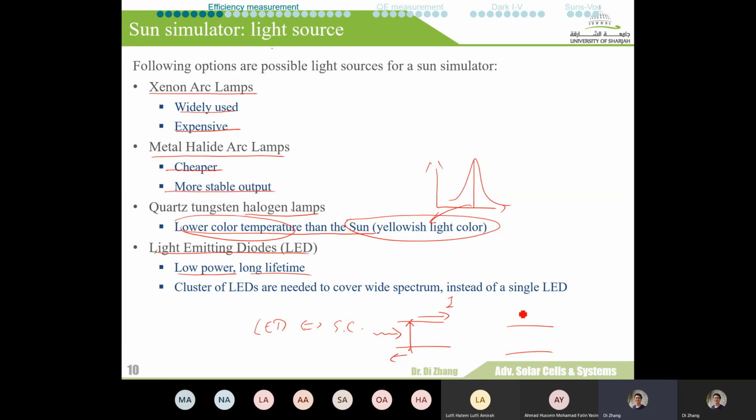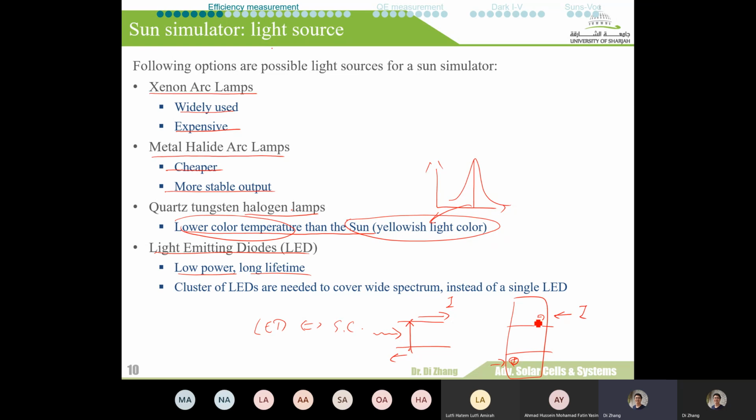For LEDs, the opposite. We still have a semiconductor involved, but instead of extracting current, we inject current into the semiconductor. We inject a lot of electrons from one side and a lot of holes from the other side, and then they meet at the center in the emission layer.